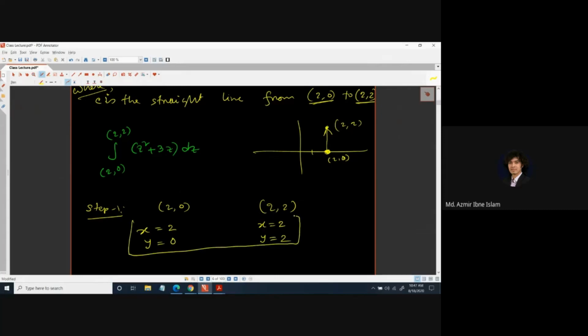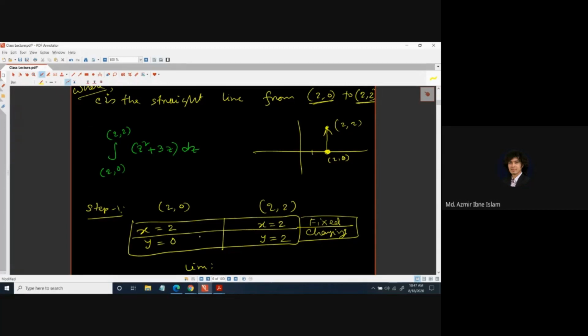Let's try to understand the change of x or y. You can see x equal to 2 and x equal to 2, so x is not changing, x is fixed. But y equal to 0 and y equal to 2, so y is obviously changing. Do you understand my point? Yes, sir. So what will be the limit? X or y?